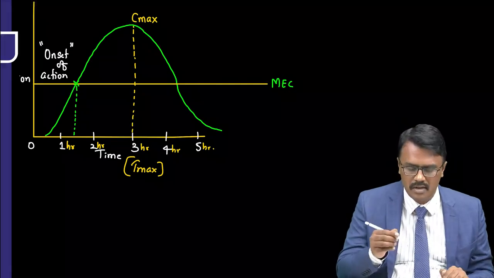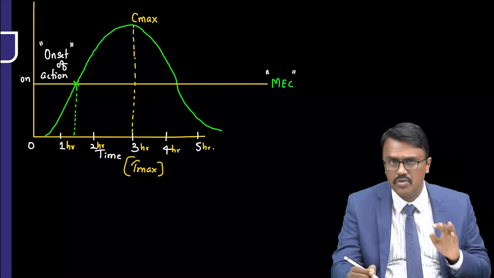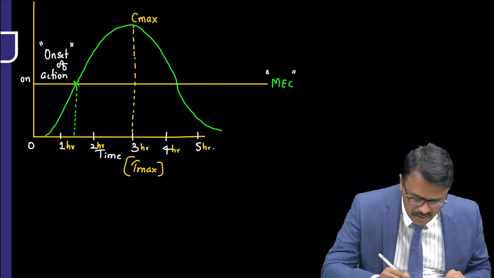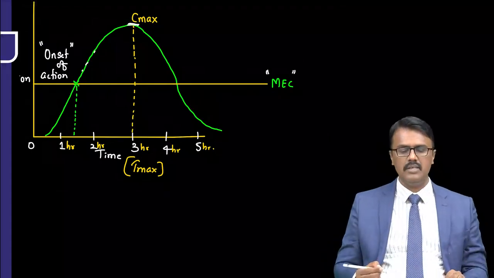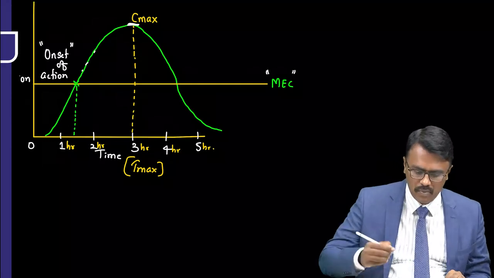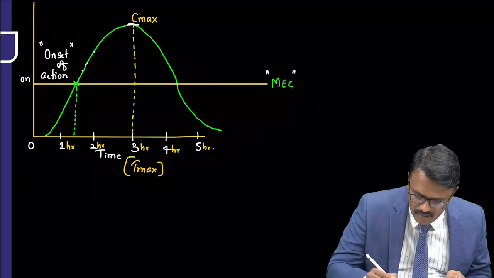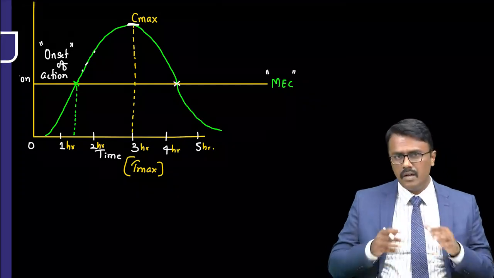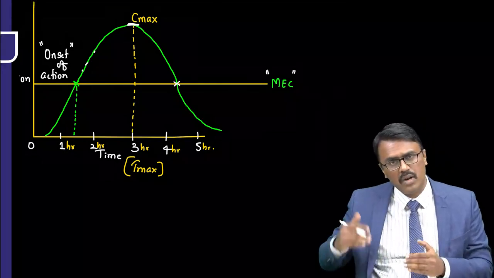So when will the drug start working? When it achieves minimum effective concentration. Now the drug will rise up and reach the maximum, that is Cmax. Once it has reached the Cmax, it will fall down and come below the line. When it comes below that MEC, will the drug work after that also?